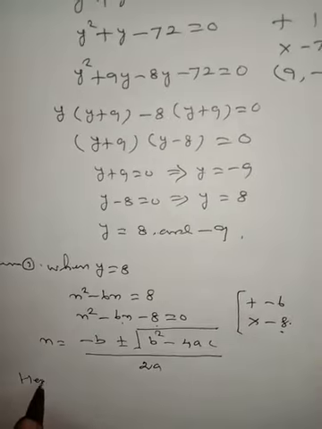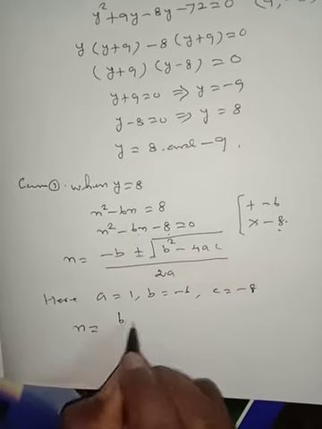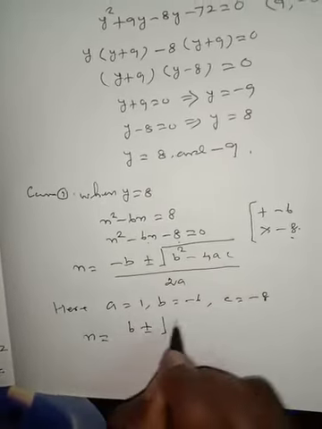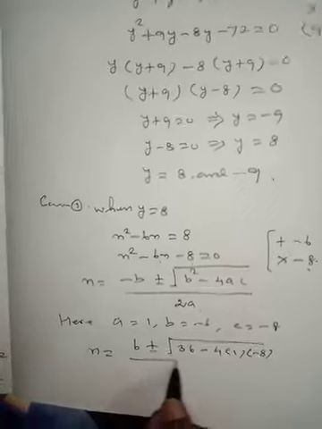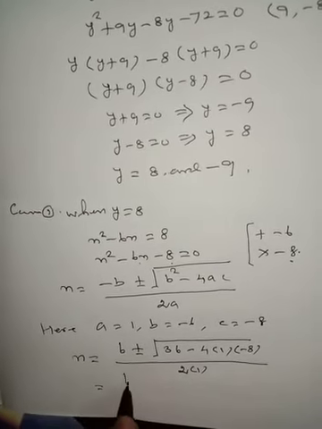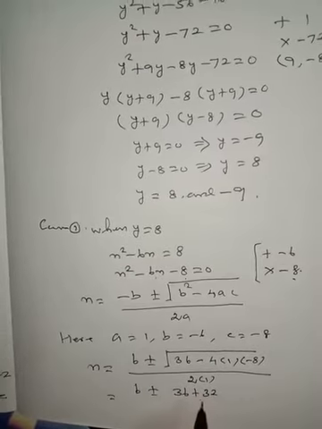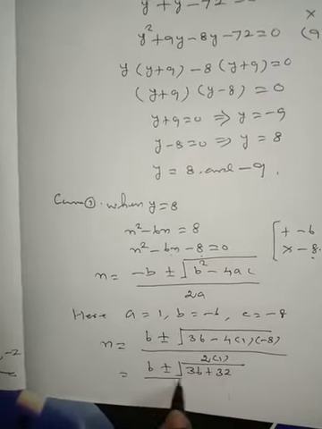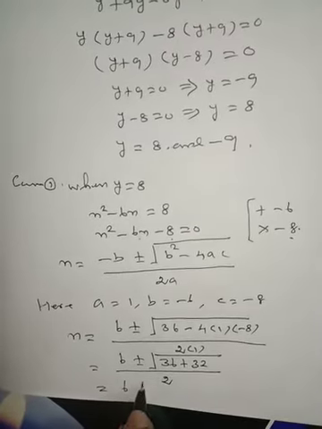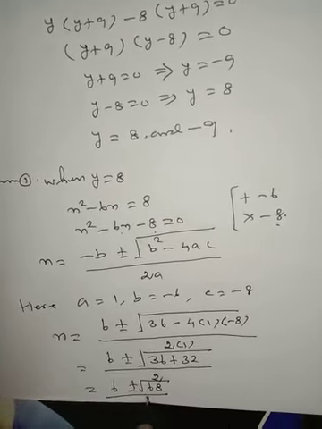Here a is equal to 1, b is equal to minus 6, c is equal to minus 8. x is equal to minus b, positive 6, plus or minus square root of b square, which is 36, minus 4 into 1 into minus 8, whole divided by 2 into a, 2 into 1, 2. 6 plus or minus square root of 36 plus 32, divided by 2.